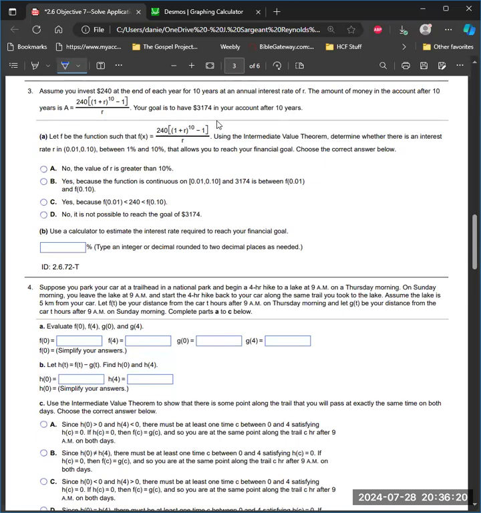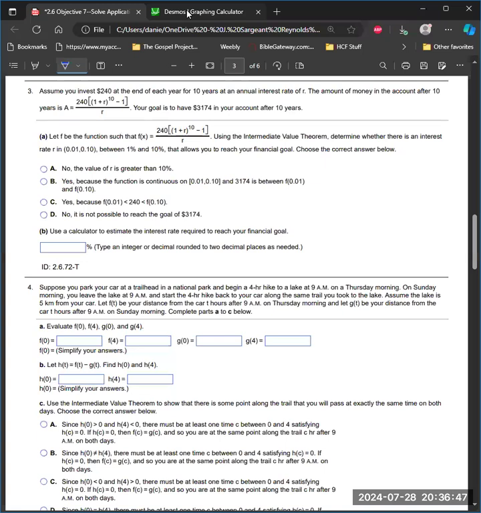And you want to be between 1% and 10% for your interest rate that's getting offered to you. Show that you can meet your goal. So let's go ahead and check here. Is the function continuous there?